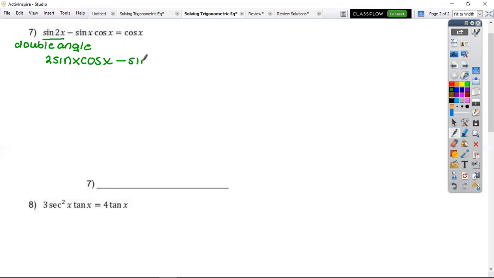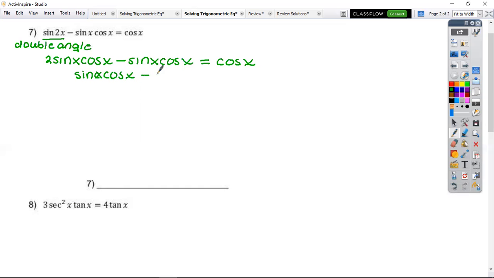Minus sine x cos x equal to cos of x, unless you want to shift that over already. It's up to you. Now, technically, on the left side of the equal sign, those are like terms. So 2 minus 1 would just give me sine x cos x.